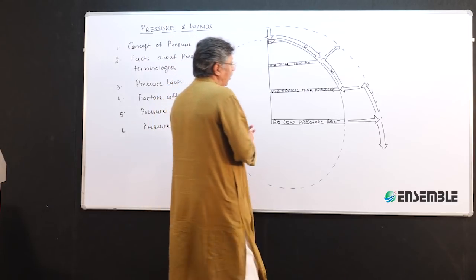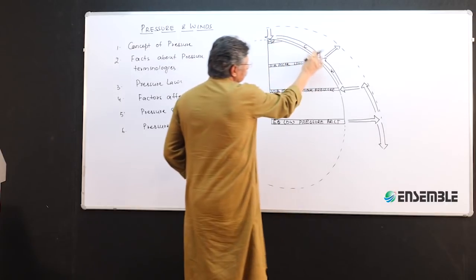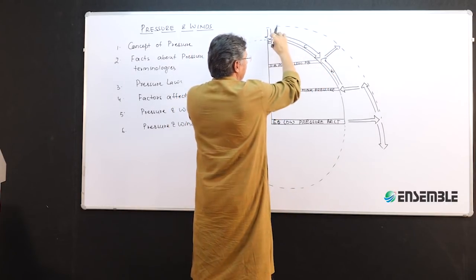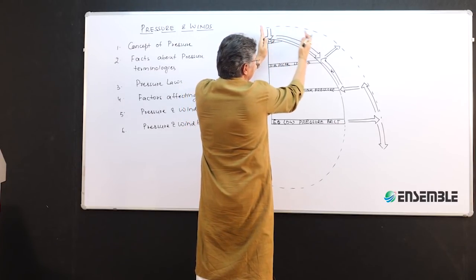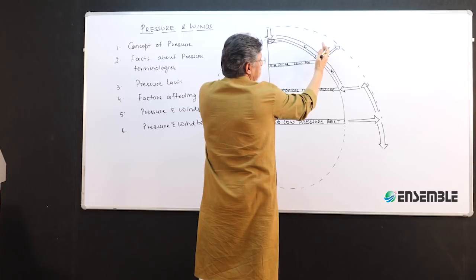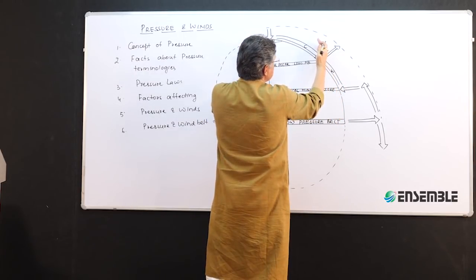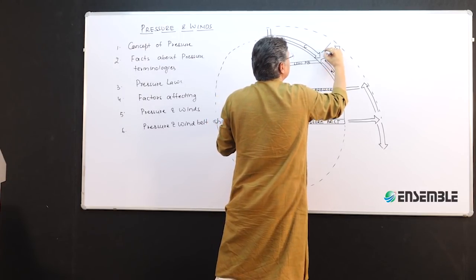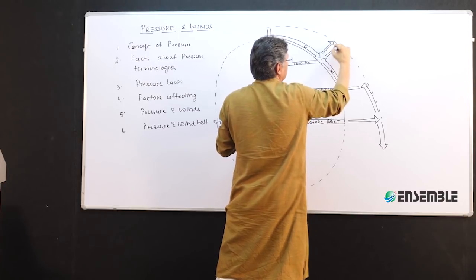Second is, all of this air that has come from the subpolar region has come to a place where the radius has increased. That is, this air that has been constricted in such a space has come to a place where the space is very, very large. In this case, the space has shrunk. In this case, the space is going to be very large. Consequently, this air will have a tendency to expand and then rise.